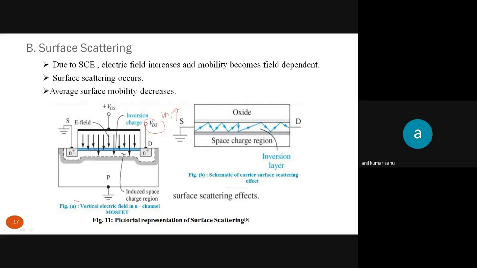This is the oxide layer, and this is the charge space region. Here you can see the scattering happens because the inversion layer is there. Because of scaling, some of the electrons can be scattered in this place.